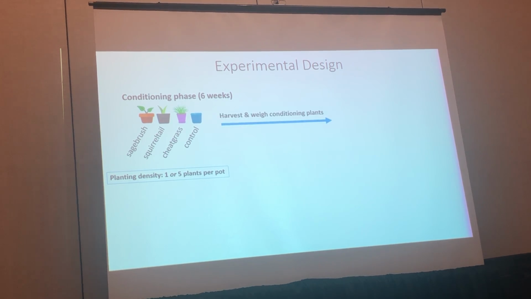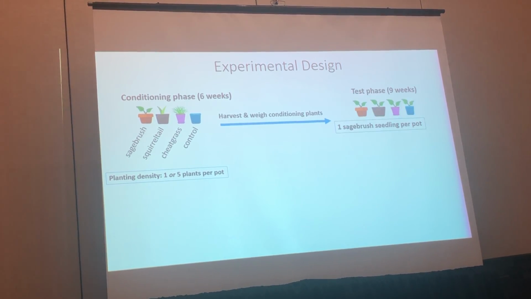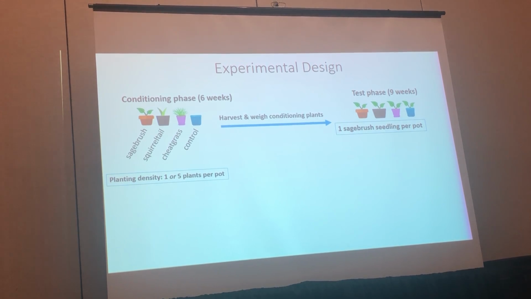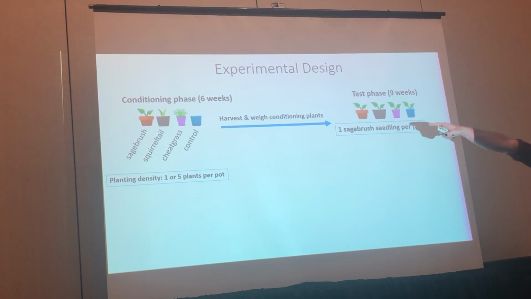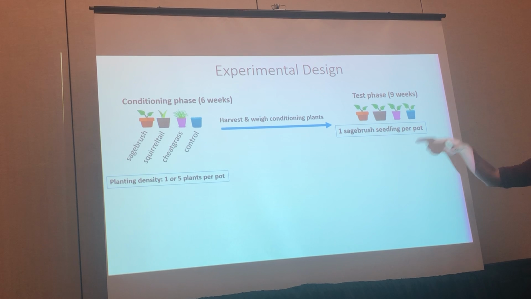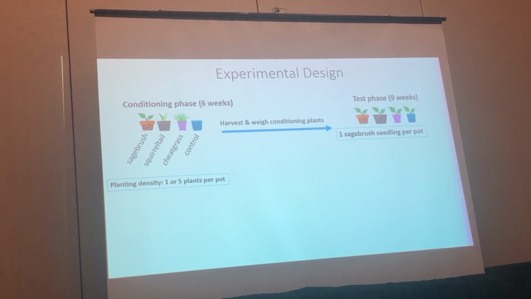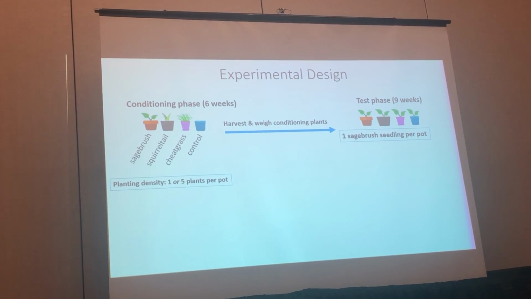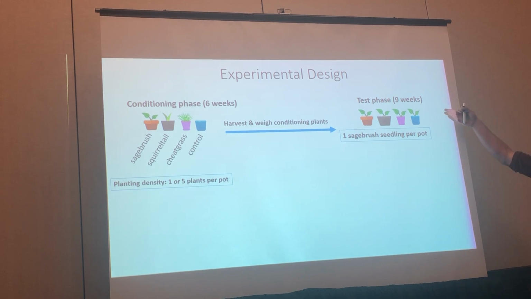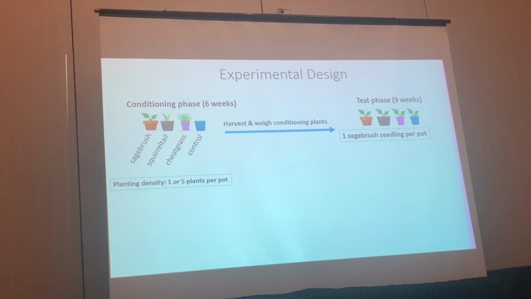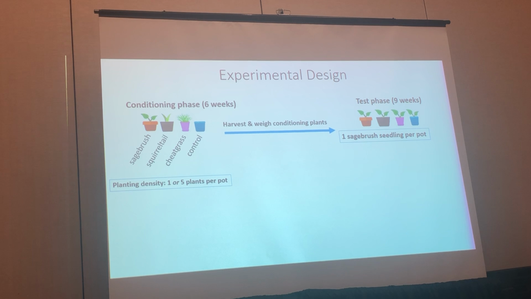After 6 weeks, I harvested, weighed the conditioning plants, then put them into the test phase of 9 weeks. The 6 weeks was because cheatgrass starts flowering after 6 weeks, and I didn't want to deal with reproductive stuff. And 9 weeks because sagebrush is pretty slow growing.